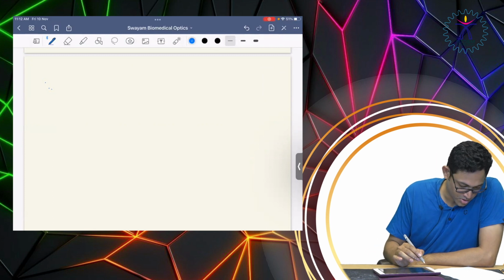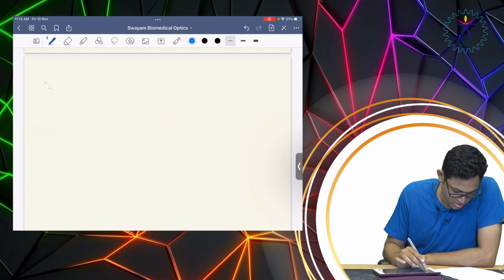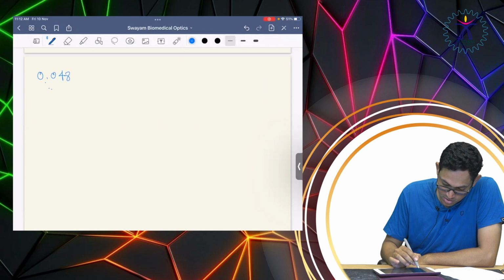So we know the equation is like 0.048 inverse centimeter. That is for the first equation I am writing.